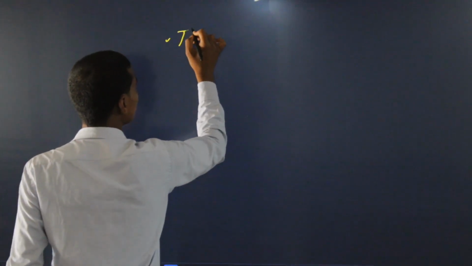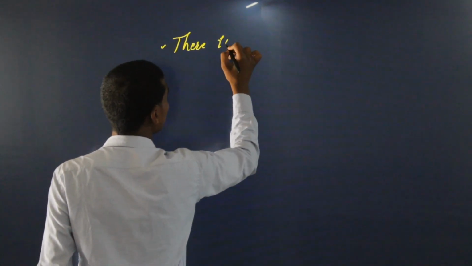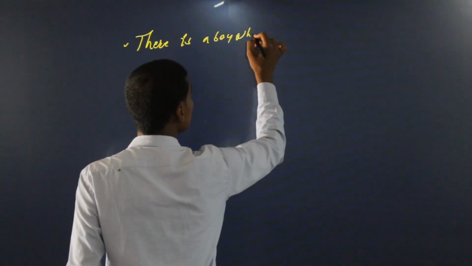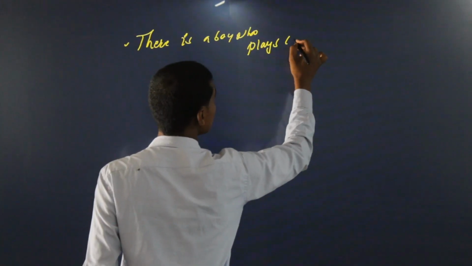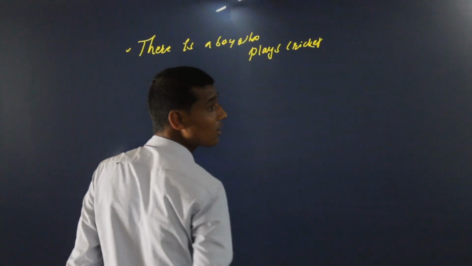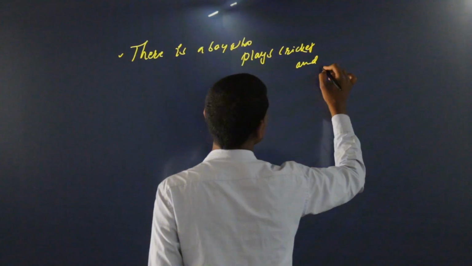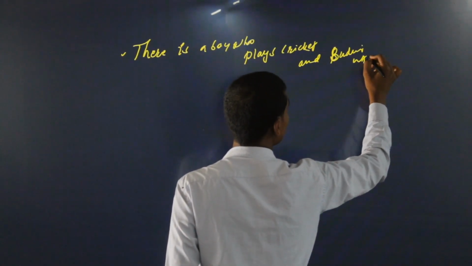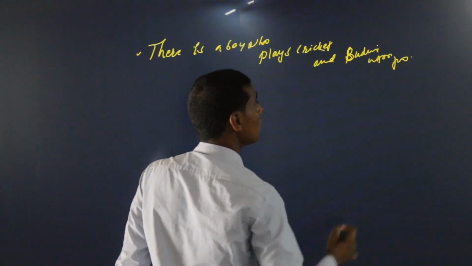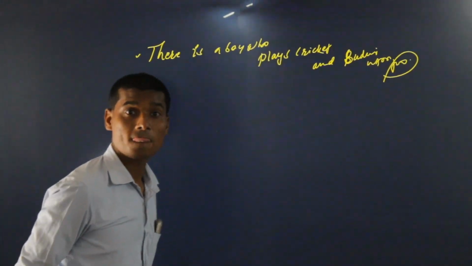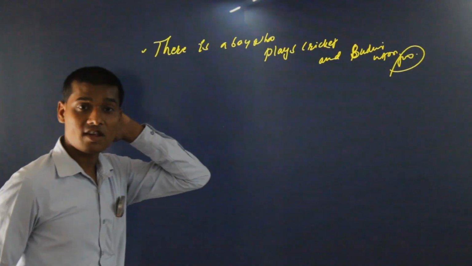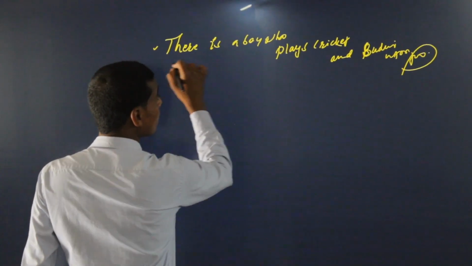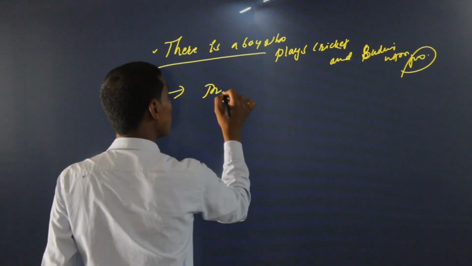Now we are going to understand something more, taking the instances of too. For example, there is a boy who plays cricket and badminton too. So we can see that we have used too at the end of the sentence, and now we have to try to understand how we change the too.